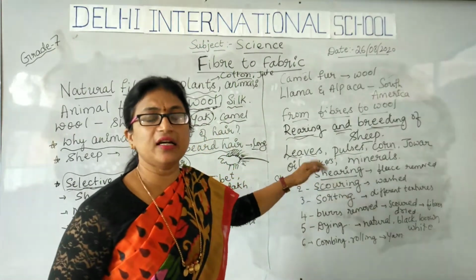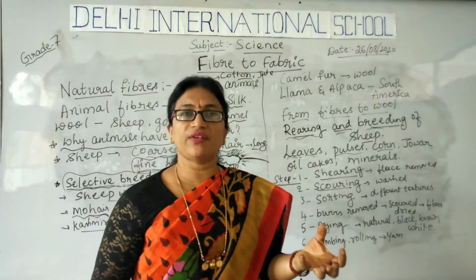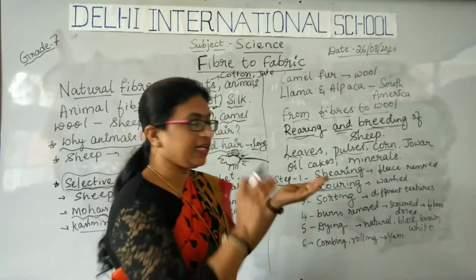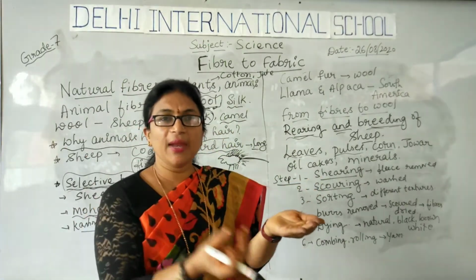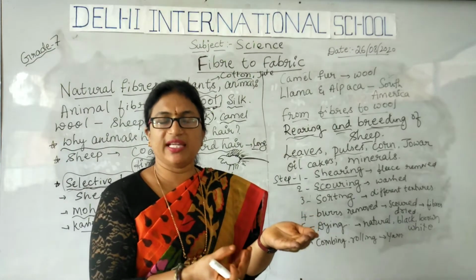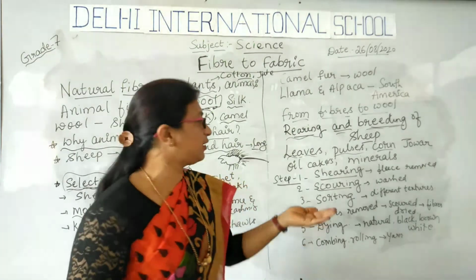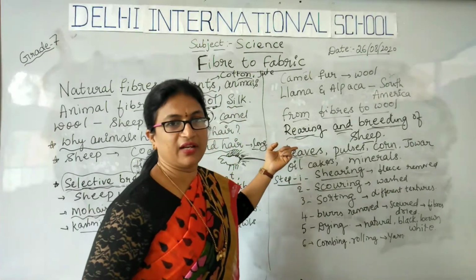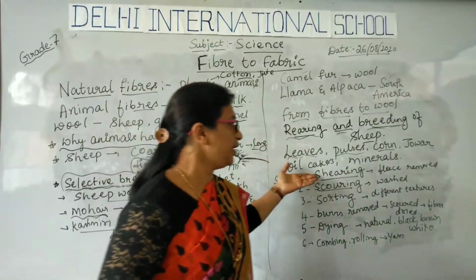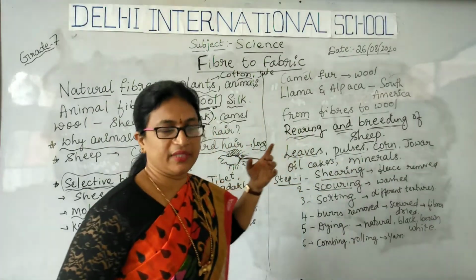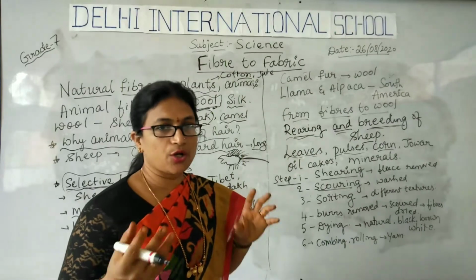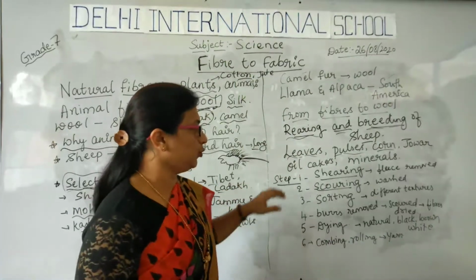Oil cakes are the residue remaining after the extraction of oil from the seeds. Once the seed is converted into oil, the remaining waste is made into oil cakes, which can be given as fodder for these animals. And some minerals are also fed to the sheep in order to give good wool.